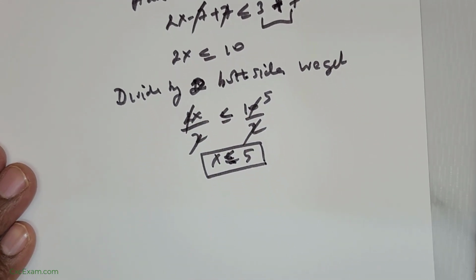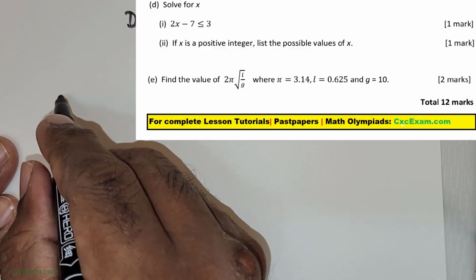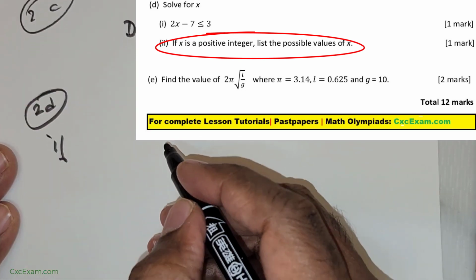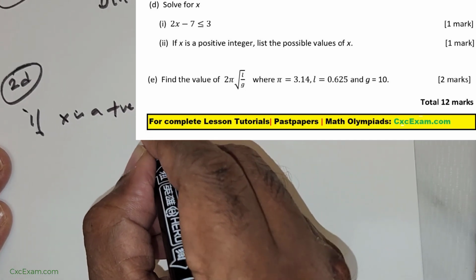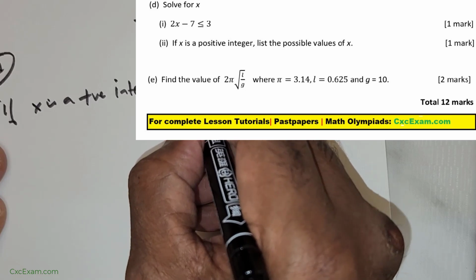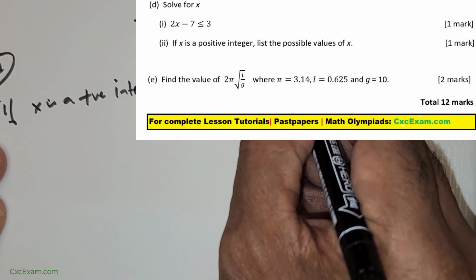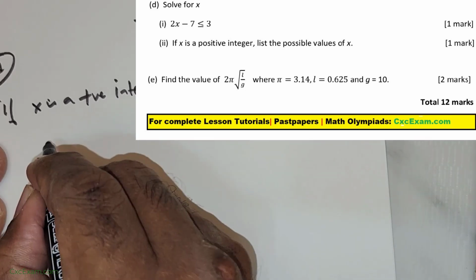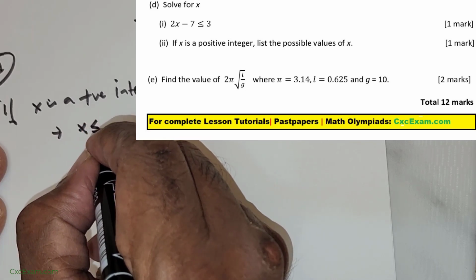So let's move on to the next one. Now the next question says, if this is 2d and this is 2c, now if x is a positive integer, you have to list all possible values of x such that x is less than or equal to 5.